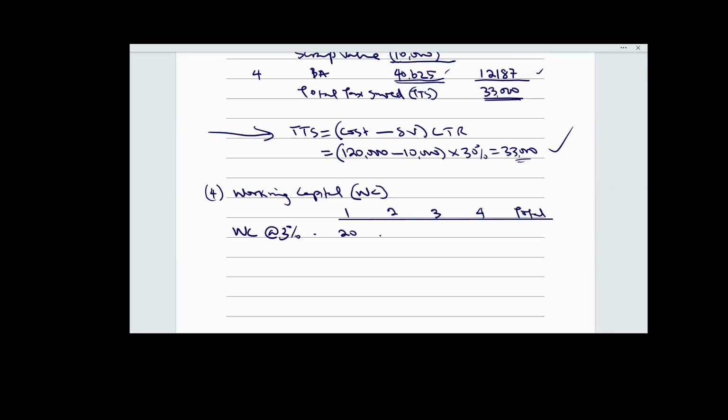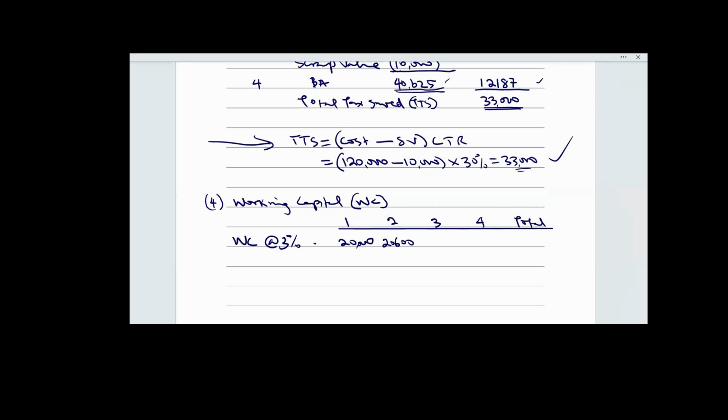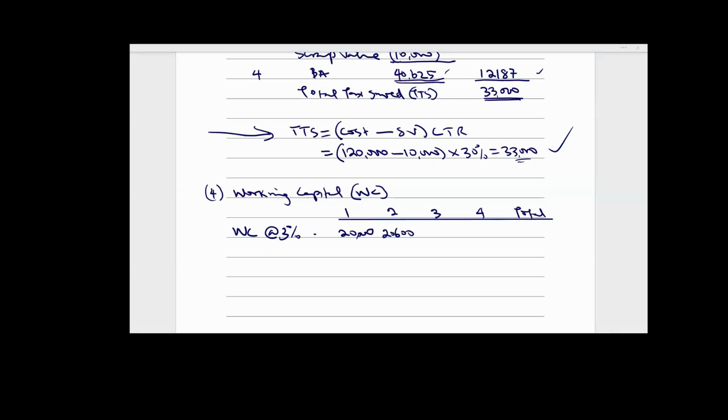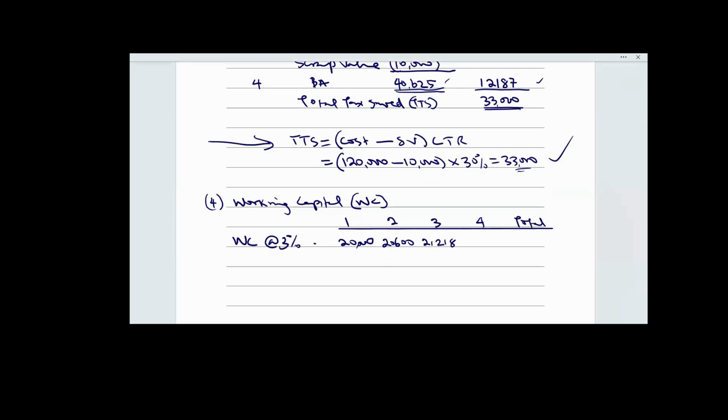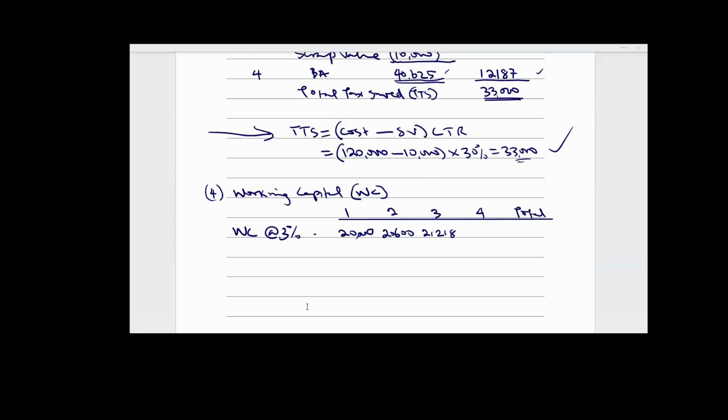This will give you 20,600. 20,600 multiplied by 1.03 equals 21,218. 21,218 multiplied by 1.03 is 21,855.